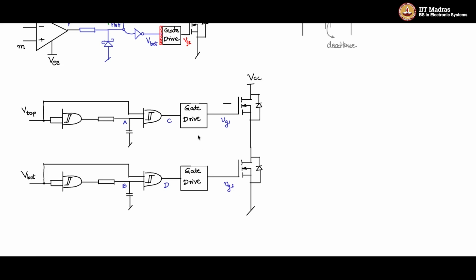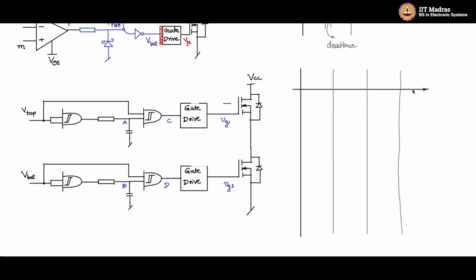Now let us draw the waveforms at the various node points, and let us see if we get what we wanted, the dead time. Let me have some space here for plotting the waveforms. Let me have these time divisions. Let me start from V top and V bottom. V top first, and then VA and then VC.